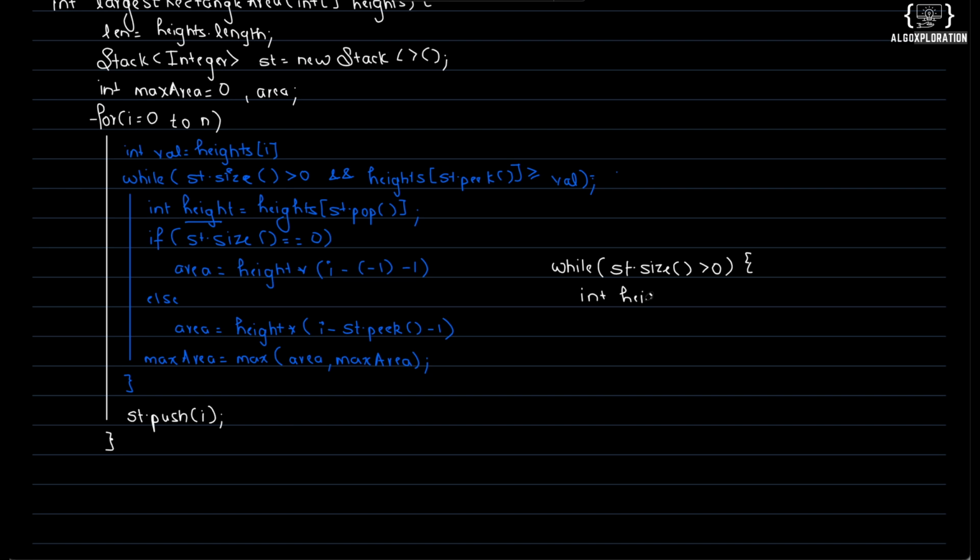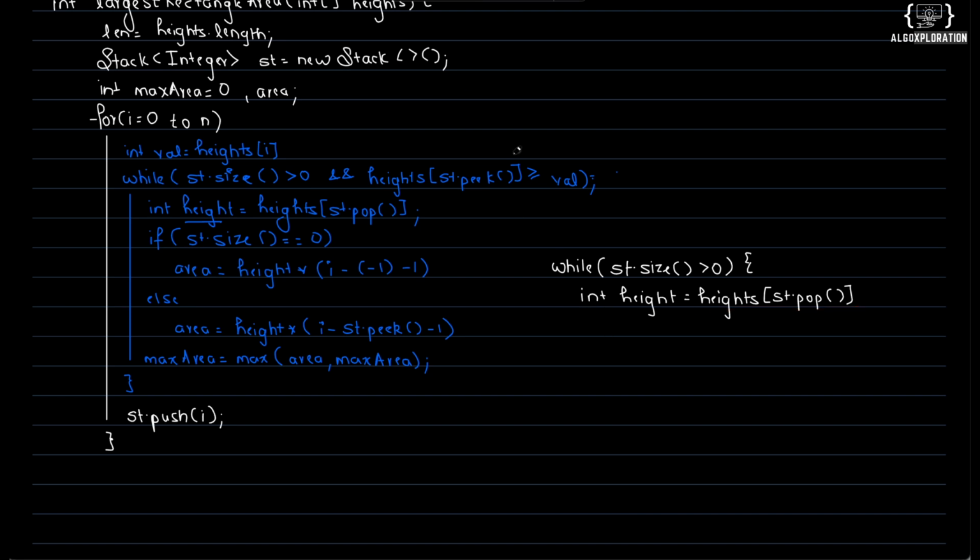So height is equal to heights of stack dot pop. Since I'm storing the indexes, not the values, stack dot pop will give me the index and this will give me the height of the current block.